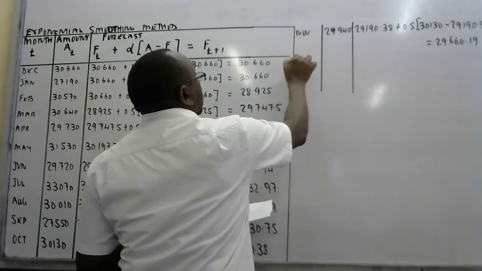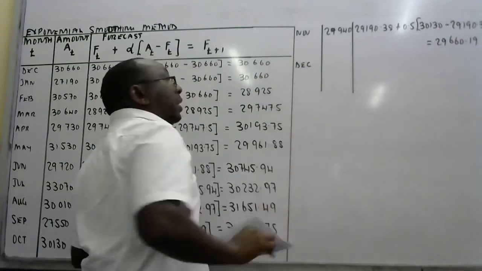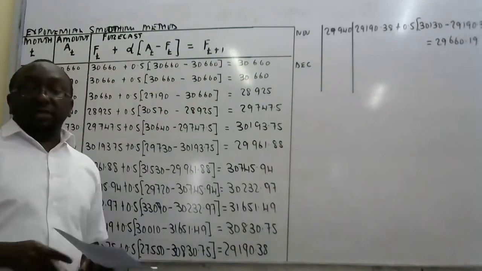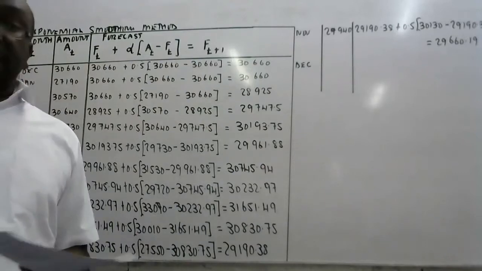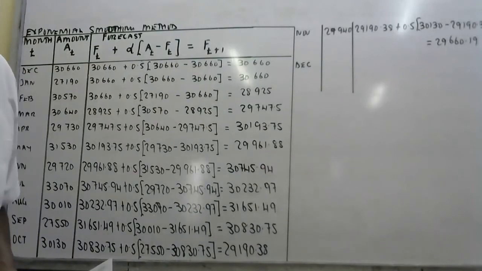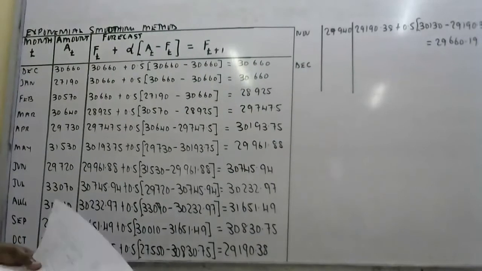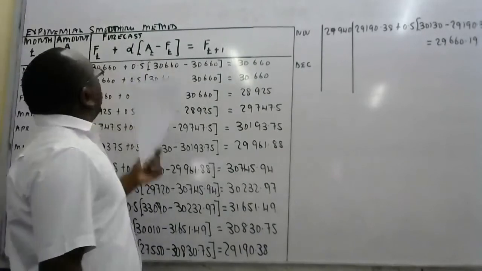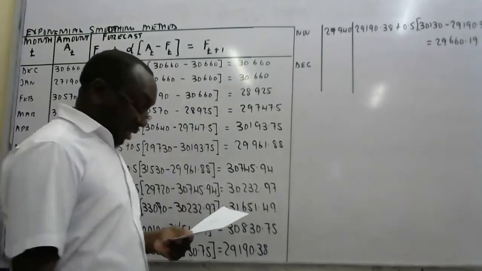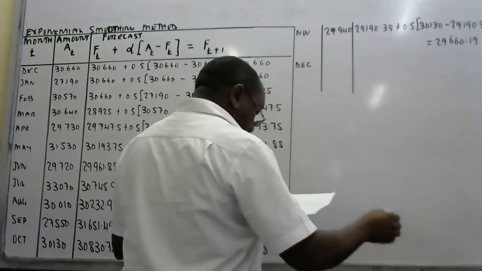Now we go to December. Now December is the one whose value is being required to be forecasted. And we said when you are using exponential smoothing, you predict the next one period.